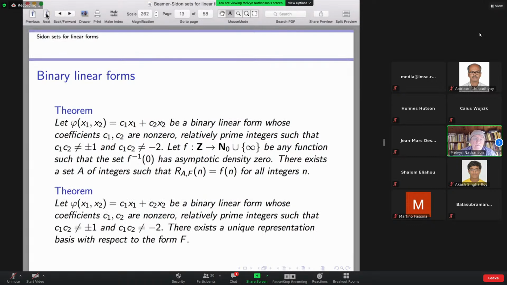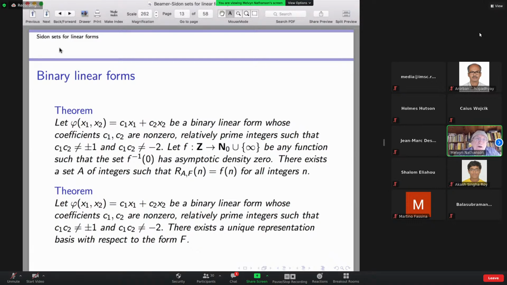And if you take the special case where f is identically equal to 1, this says that there's what is called a unique representation basis with respect to this form. So given this form C1x1 plus C2x2, satisfying these two conditions on the integer coefficients, there's always a set A such that phi of A represents every integer uniquely.